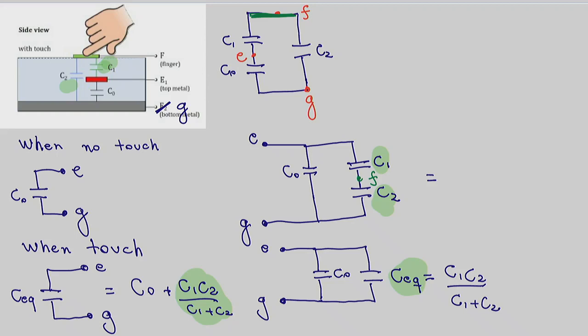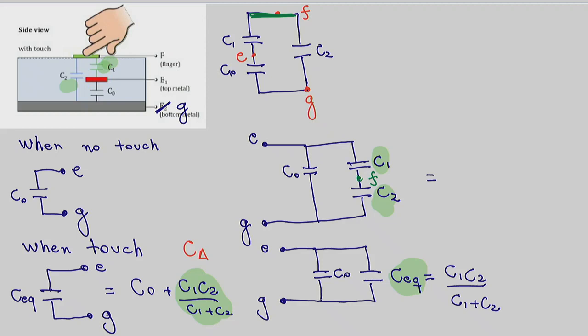When there is touch, you have extra capacitors, which we called C1 and C2, connected in series, and they add here because they are parallel to the C naught that was there. So it's a separate term. In our model, we are going to call this C delta. What does C delta mean? Delta represents change. So it's the capacitance change that happens when there is touch.